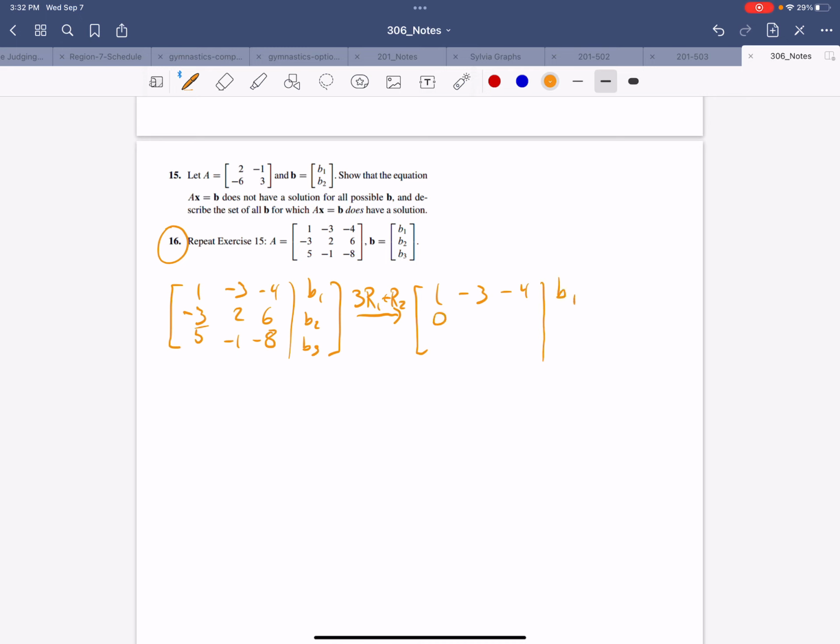So that'll be a 0. That'll be a negative 7. Negative 6, and then 3R1 plus R2, so we're going to get 3b1 plus b2. This stays the same. Then negative 5R1 plus R3. 1, 0, well, I'll just do 4. b1, this stays the same.